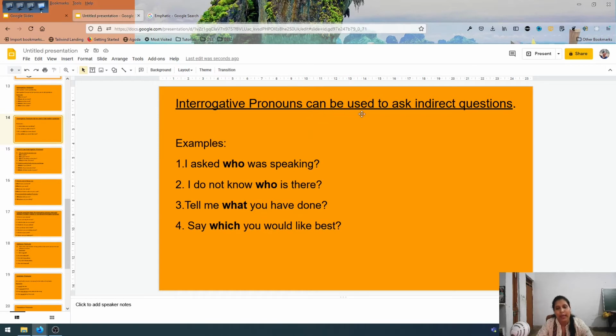So next is, interrogative pronouns can be used to ask indirect questions. Yes, for example, I asked who was speaking. For example, if I ask who was speaking, so this is a direct question. But if I asked who was speaking, so this is an indirect question.